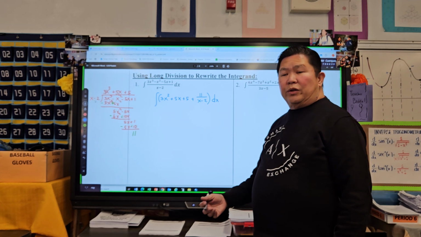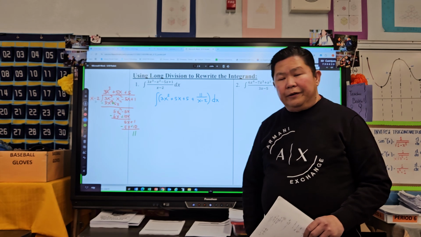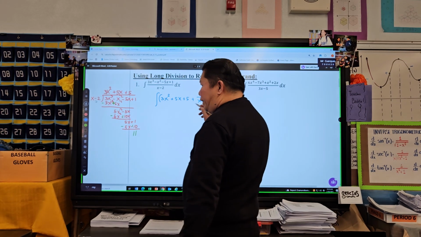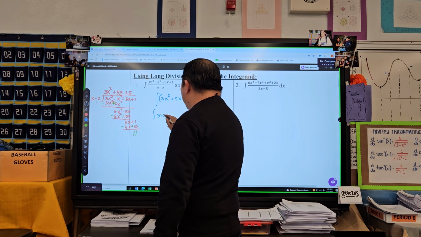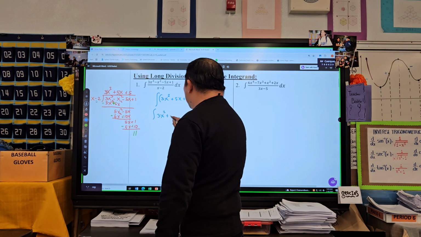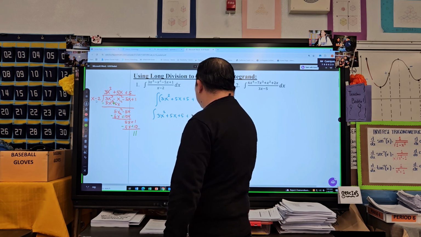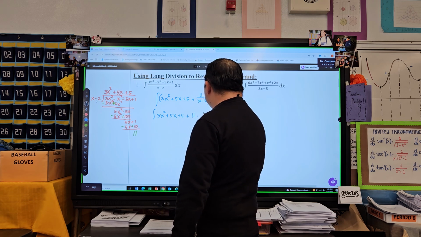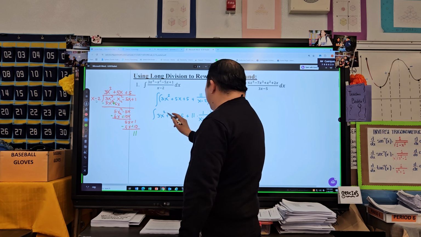So we can make use of natural logarithm. Okay? So I am rewriting this first into the integral of 3x squared plus 5x plus 5 plus 11 times 1 over x minus 2 dx.